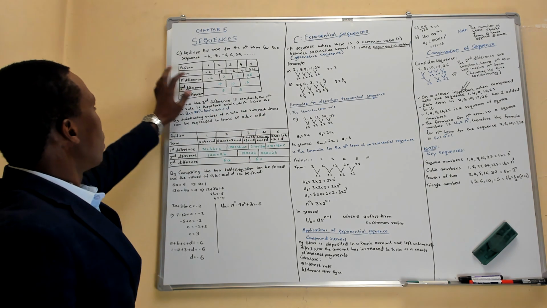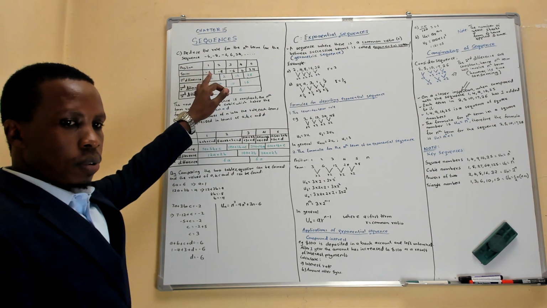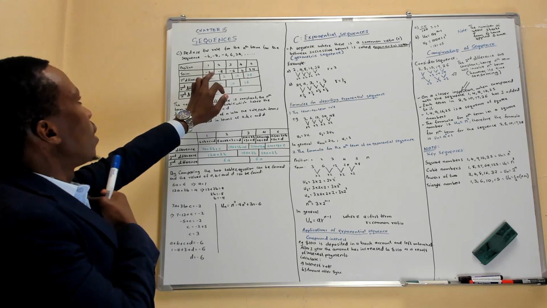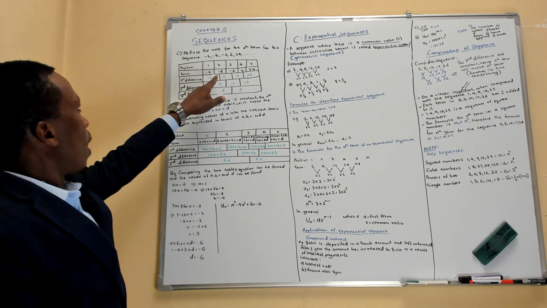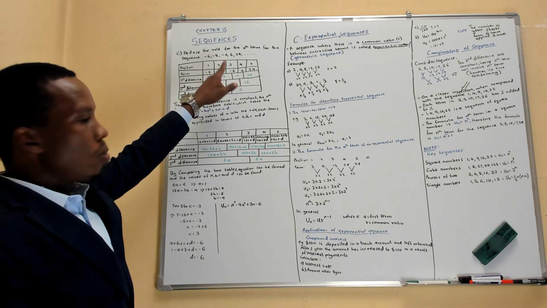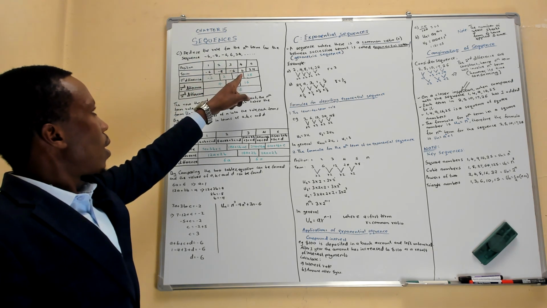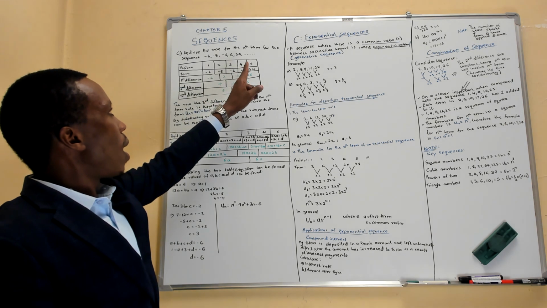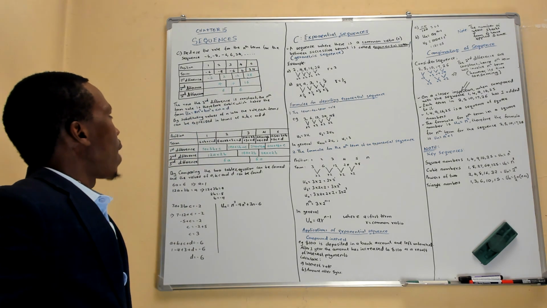The same way we did for the other one, this is position 1, so negative 6 is in position 1, negative 8 is in position 2, negative 6 again in position 3, then 6 in position 4, and then 34 in position 5.